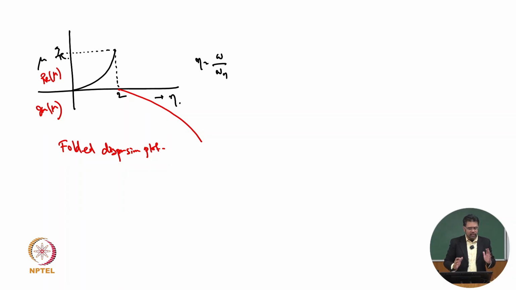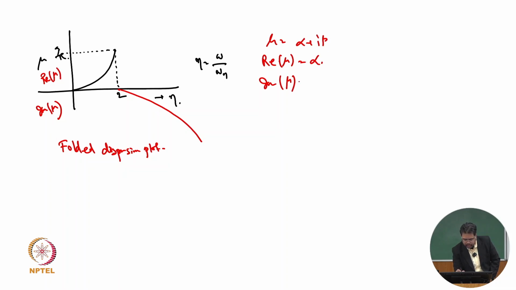Now here is one very interesting point. We can also see that with this imaginary part of mu, that means beta, we will not get any real part of mu. If mu is alpha plus i beta, then real mu is alpha and imaginary mu is beta. Make sense?